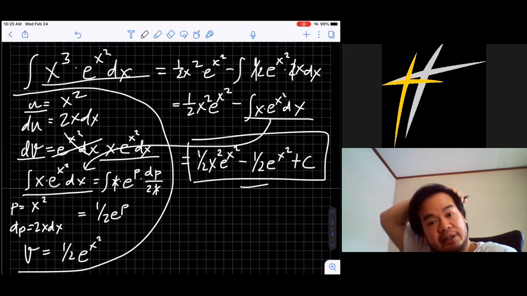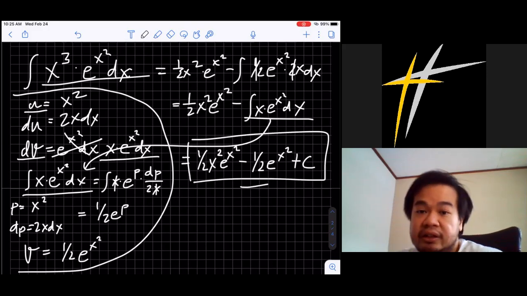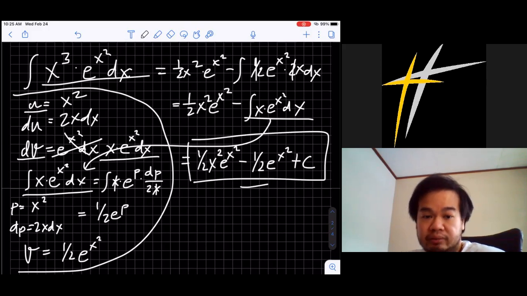So that's another combination, another variation that can be done when you are using integration by parts. And again, this is the first example where the previous method, the algebraic substitution method, is combined with integration by parts. And of course, it's possible.